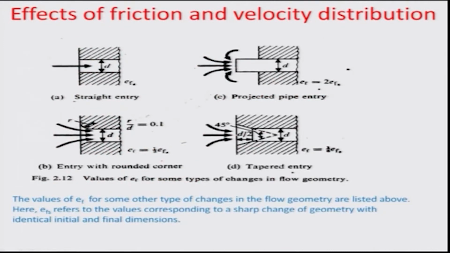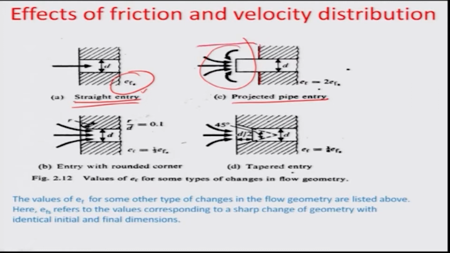For a straight entry case, the EF is the EF that you are recording. So, whatever EF data you are recording with respect to the area ratio is, for the straight entry case, the value of the actual loss factor, and the value for a projected pipe entry, as you can see here, where this pipe comes out from this entrance into the mold.